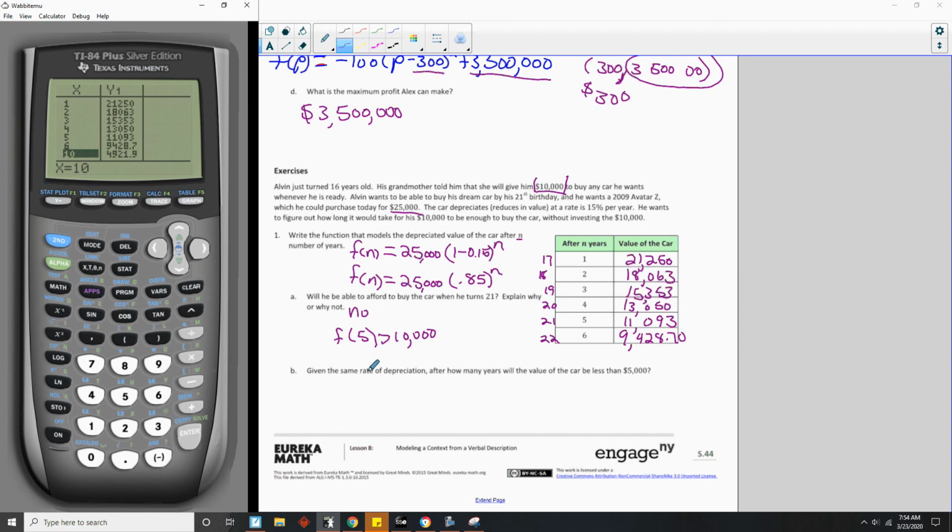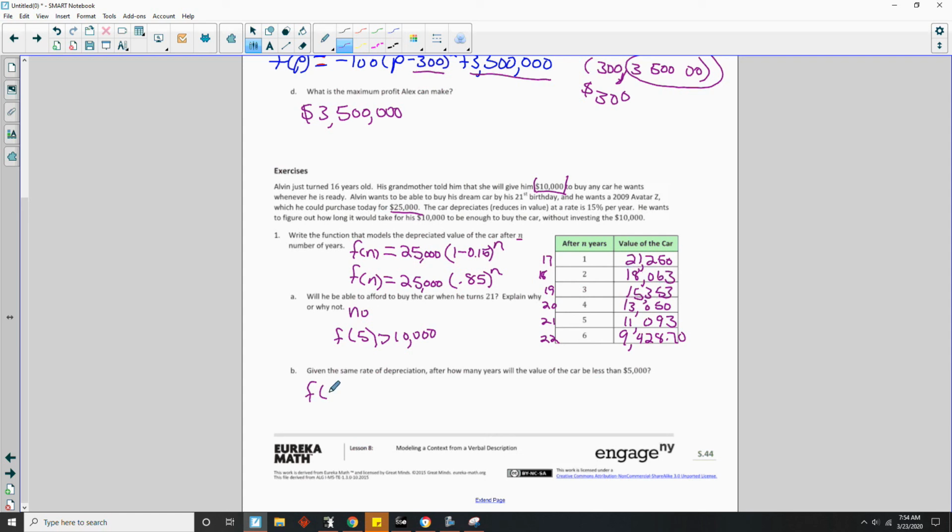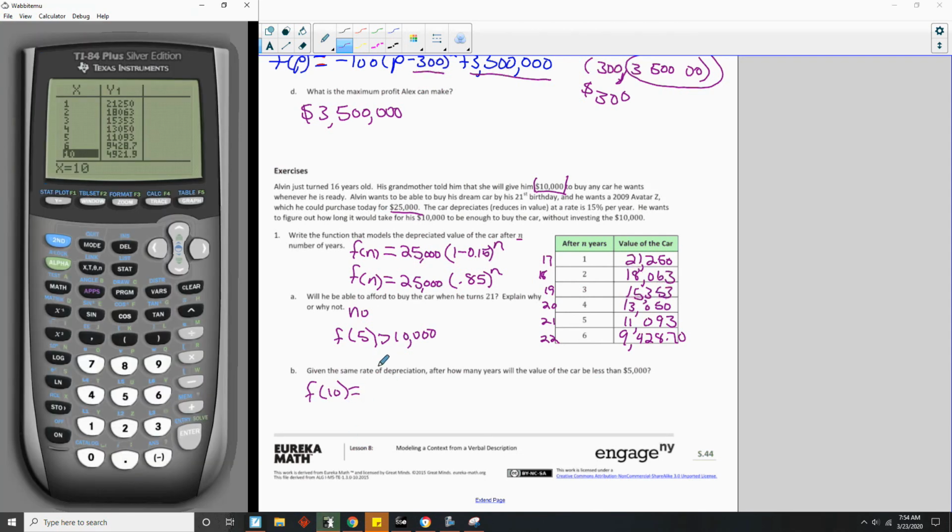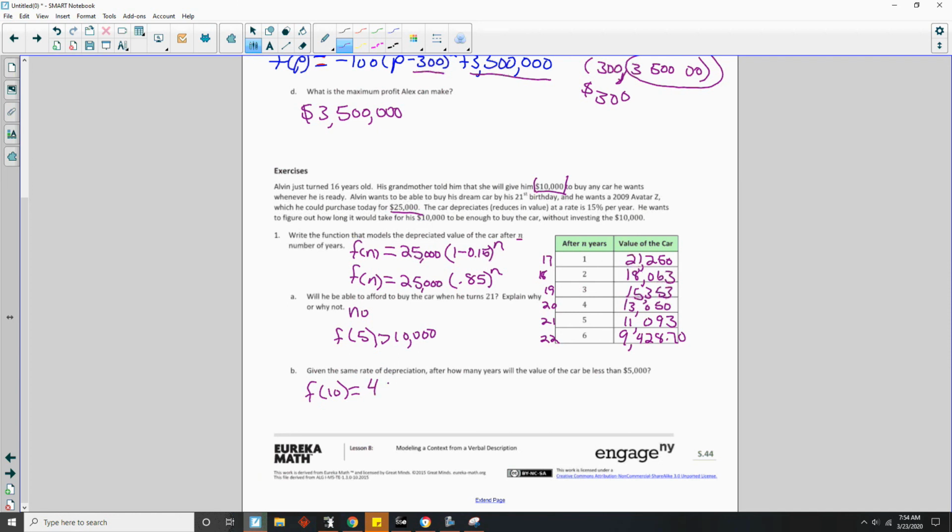Finally, after 10 years, so f of 10 equals $4,921.90, which is less than $5,000. So it would be 10 years.